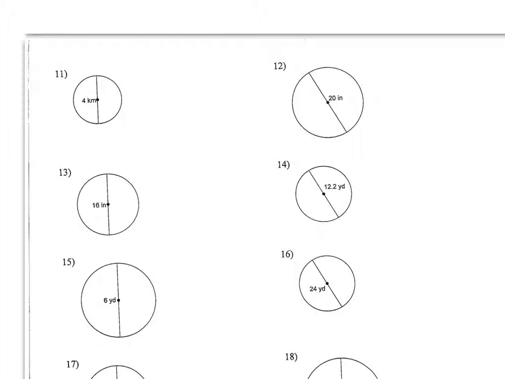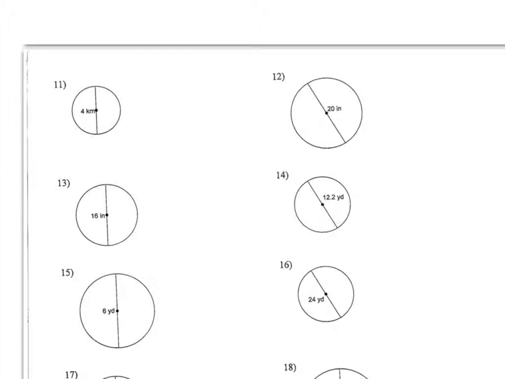So in order to get that, all we have to do is cut the diameter in half. So in order to do that, all we have to do is divide it by 2. So, top paper, I want you to write this. Diameter divided by 2 equals radius.